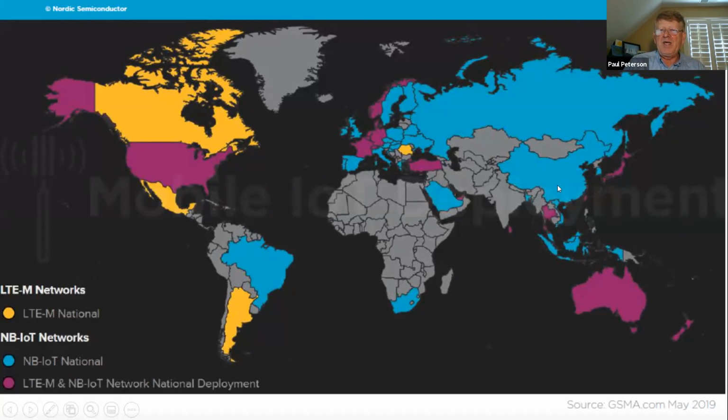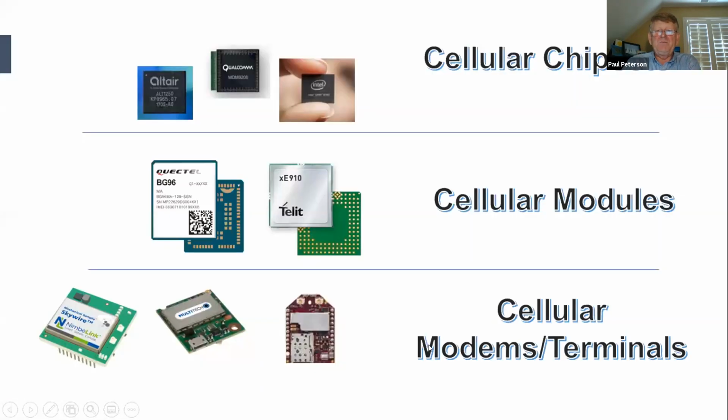But we see other areas in Asia and other parts of Europe that are going to be NB-IoT, and then others that are going to be strictly LTE Cat M. This comes into play when you're making a choice for cellular from a global perspective.